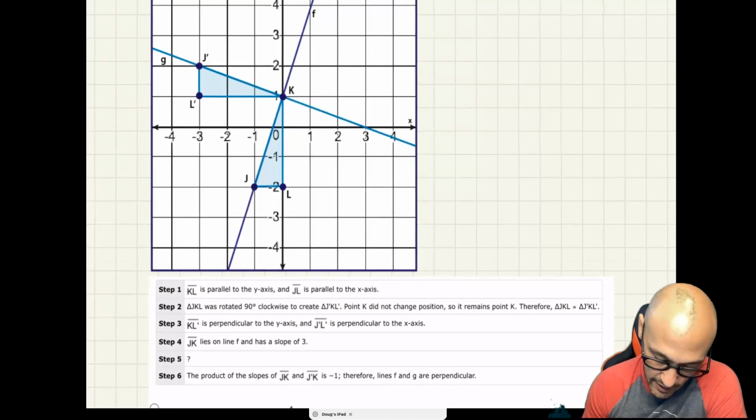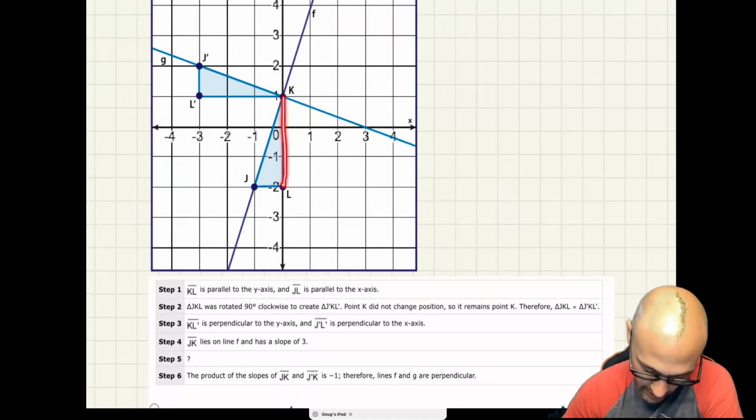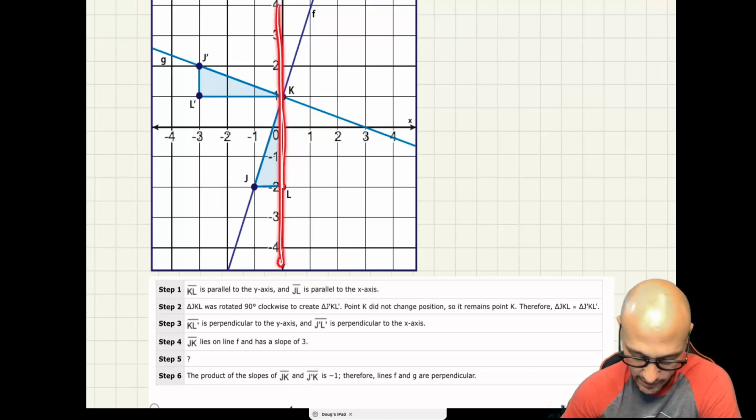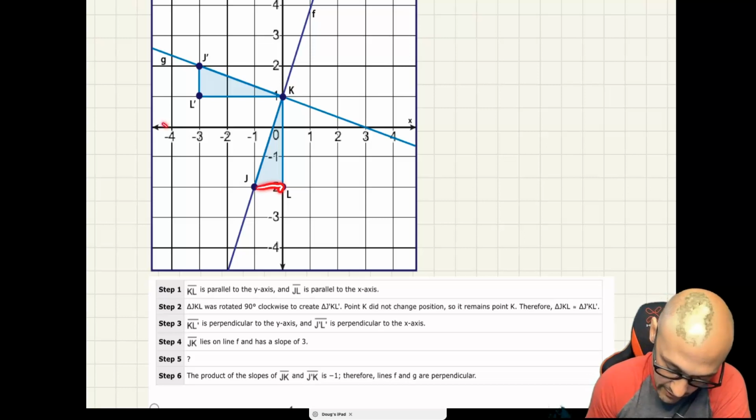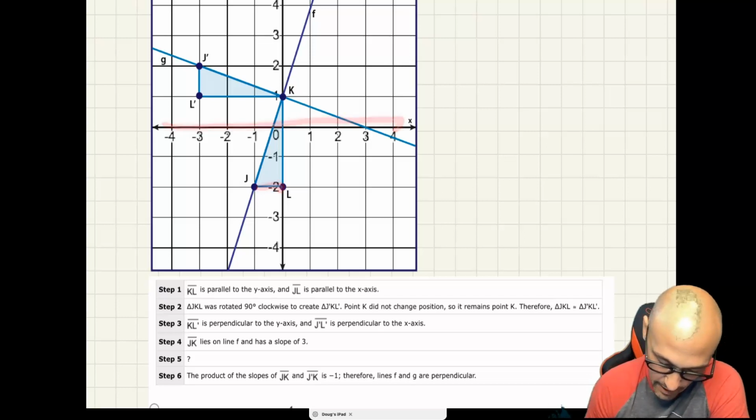So first, line segment KL is parallel to the y-axis. So there's KL, here's the y-axis. Yeah, it's right on top of the y-axis. And JL is parallel to the x-axis. Yep.